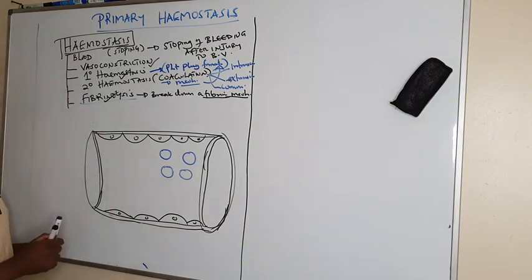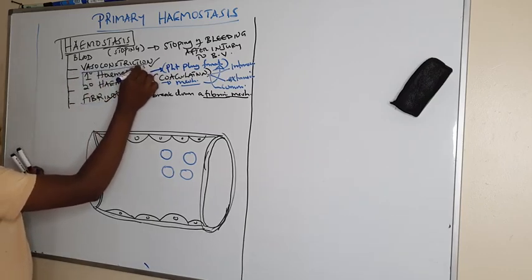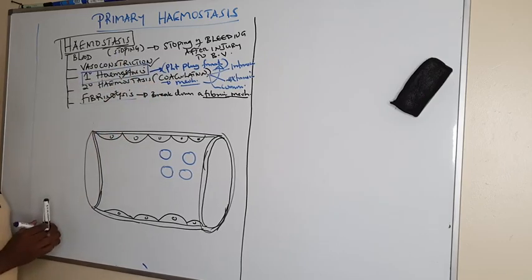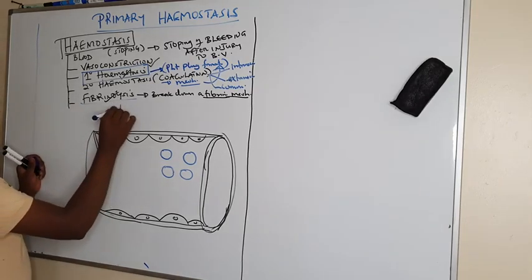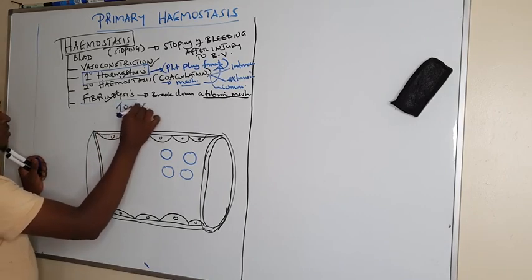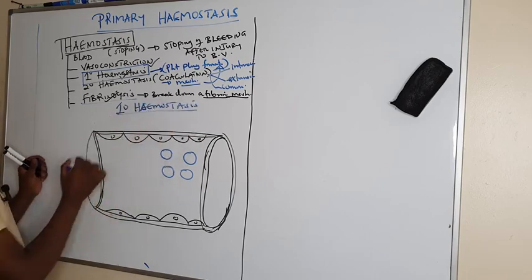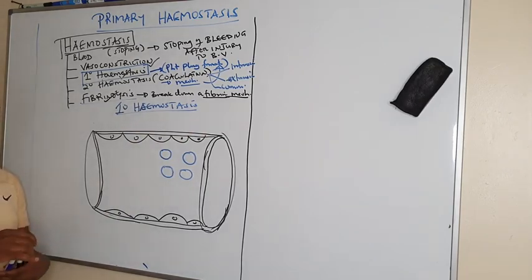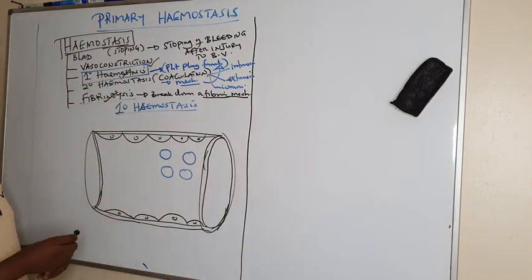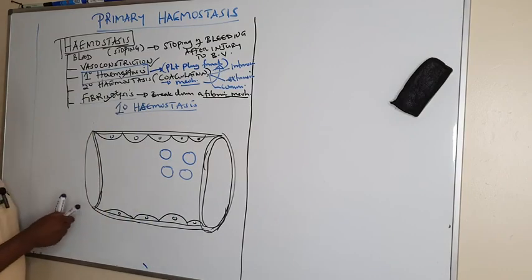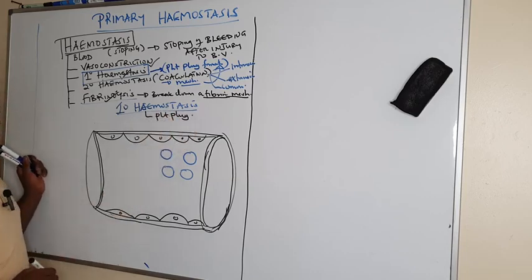So in today's video, we are focusing only on primary hemostasis plus a small thing on the vasoconstriction. In primary hemostasis, we are going to see events that occur after injury, leading to formation of a platelet plug which stops blood from oozing out.